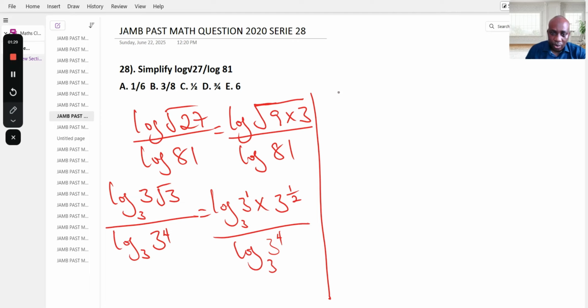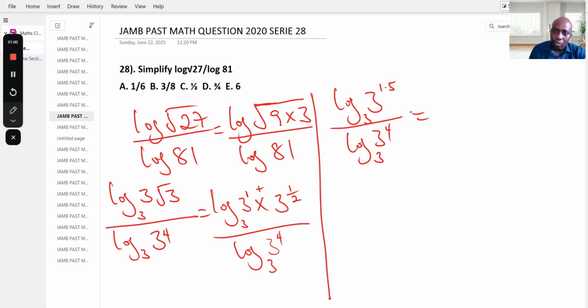Now let's move upward here and begin from here again. Log 3, anything multiplication means plus, isn't it? Therefore, the power here is 1 plus half. 1 plus half, what is it going to give us? It's going to give us 1 point half over log 3 raised to the power 3 over 4.